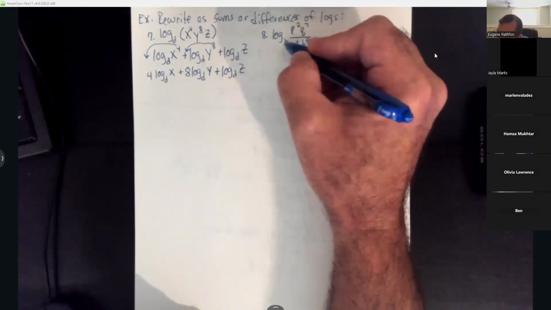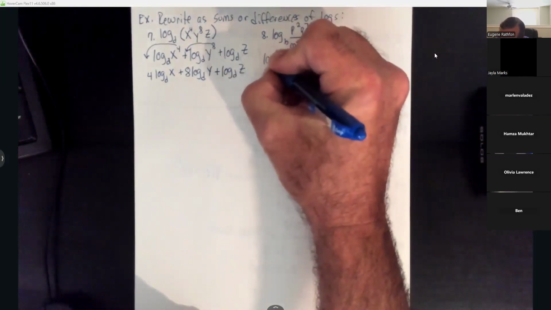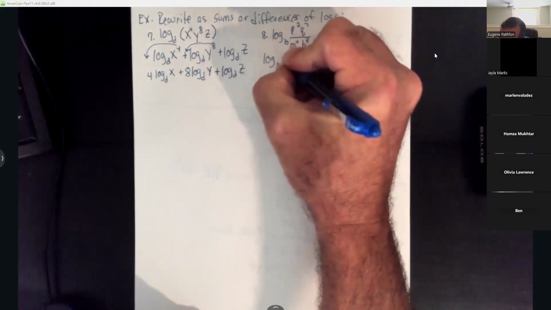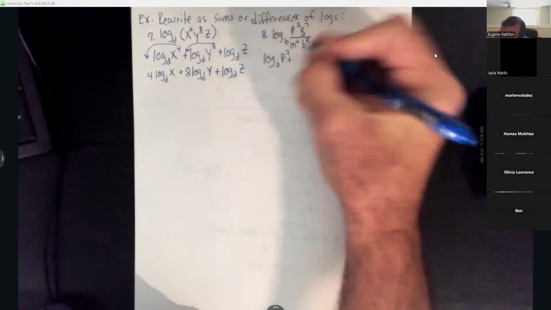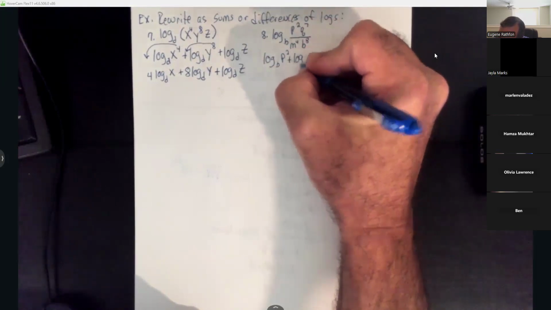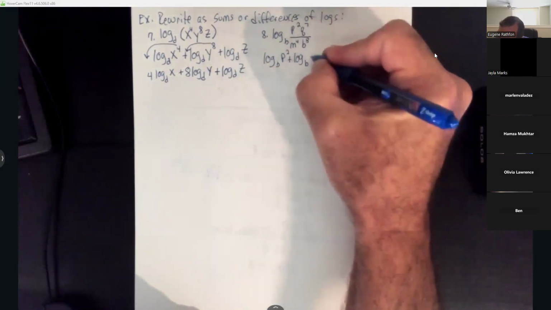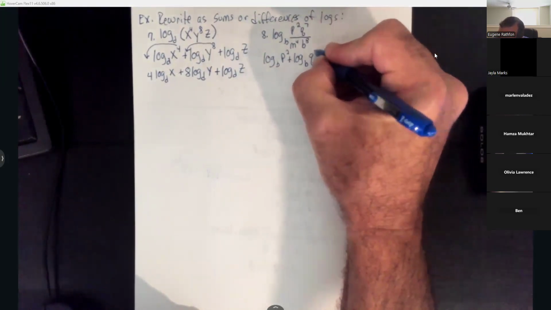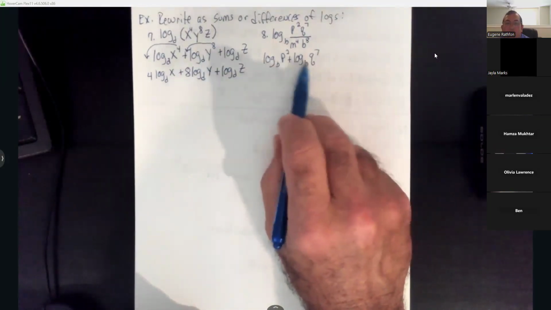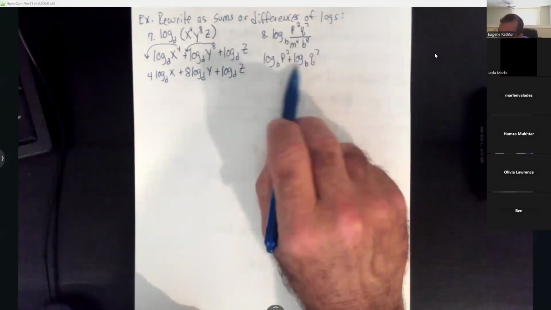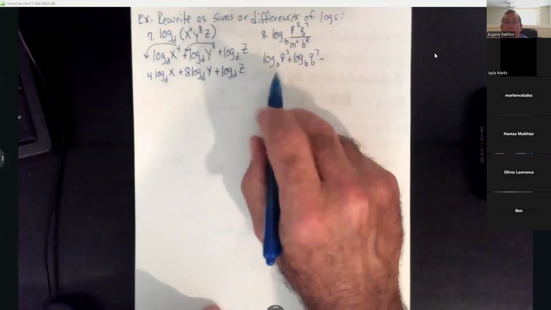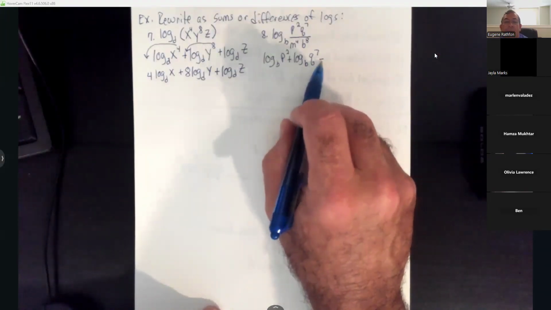So I got a log base B of P squared plus a log base B of Q to the seventh. So these two factors were on top, they're positive. Now I'm getting to the bottom factors, they're going to be subtracted.